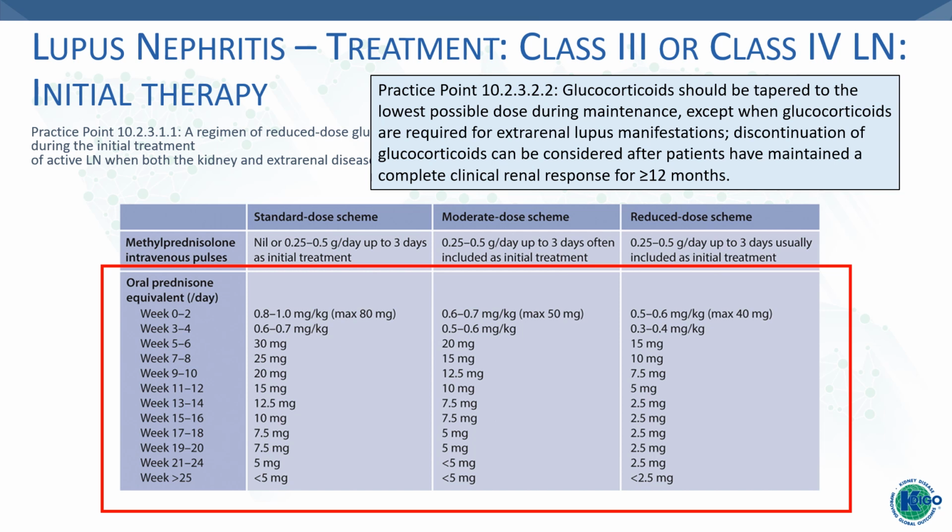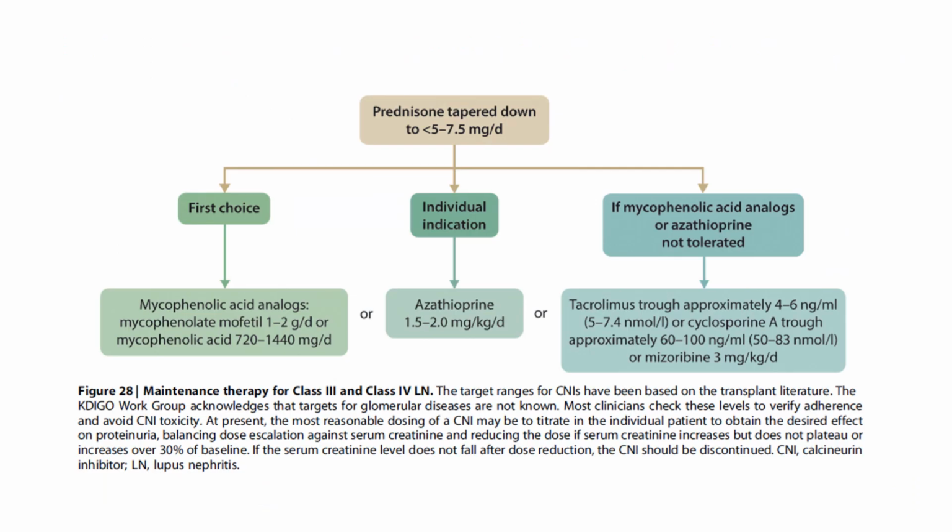An important point is that discontinuation of glucocorticoids can be considered only after patients have maintained complete clinical remission for more than 1 year. So don't stop glucocorticoids totally, except after 1 year of good clinical response of the patient.